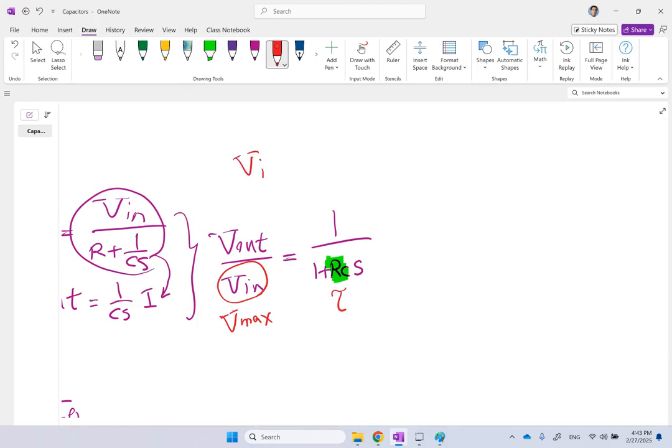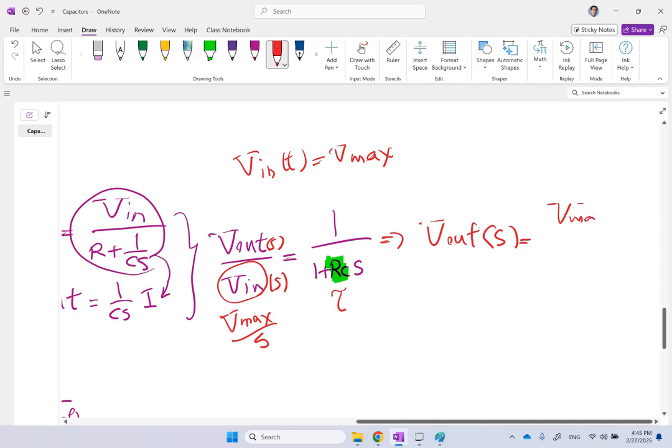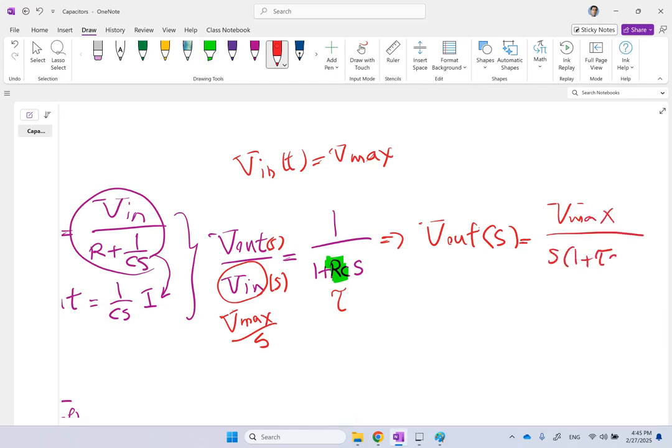So V in of time is just V max, some fixed number. Then in the S domain, V in is going to be V max over S. And if you cross multiply, you see that V out in the S domain is going to be V max over S times 1 plus tau times S.